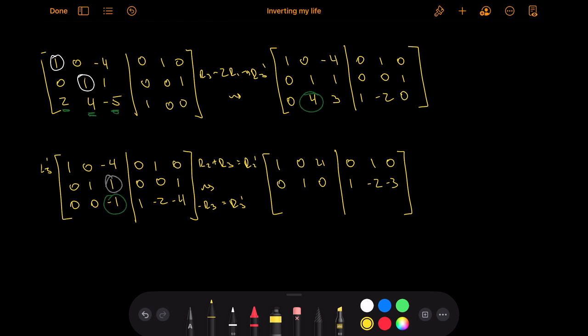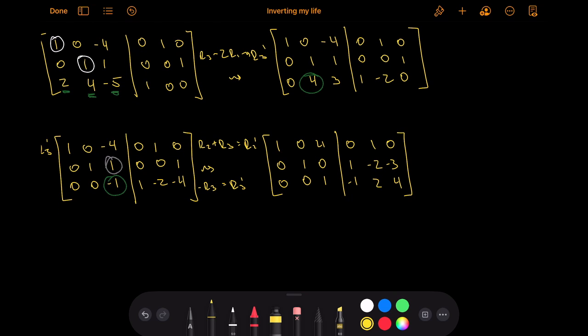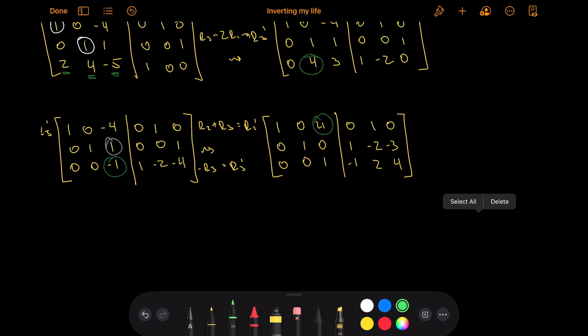And then we make the third row negative, so it'll be 1, then negative 1, 2, 4. And all we have left is this negative 4.